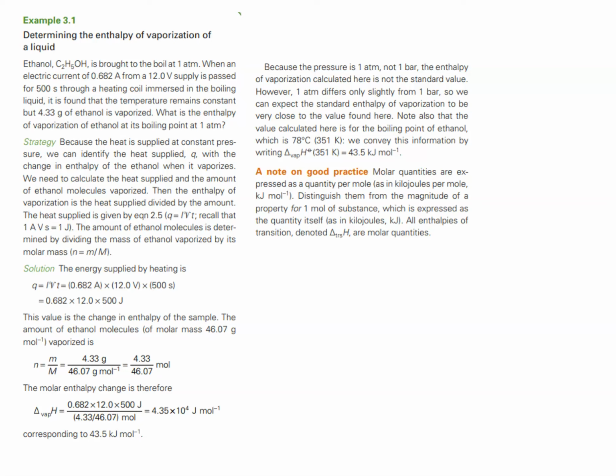A note on good practice: molar quantities are expressed as a quantity per mole. Distinguish them from the magnitude of a property for 1 mole of substance, which is expressed as the quantity itself. All enthalpies of transition, denoted delta H transition, are molar quantities inherently.